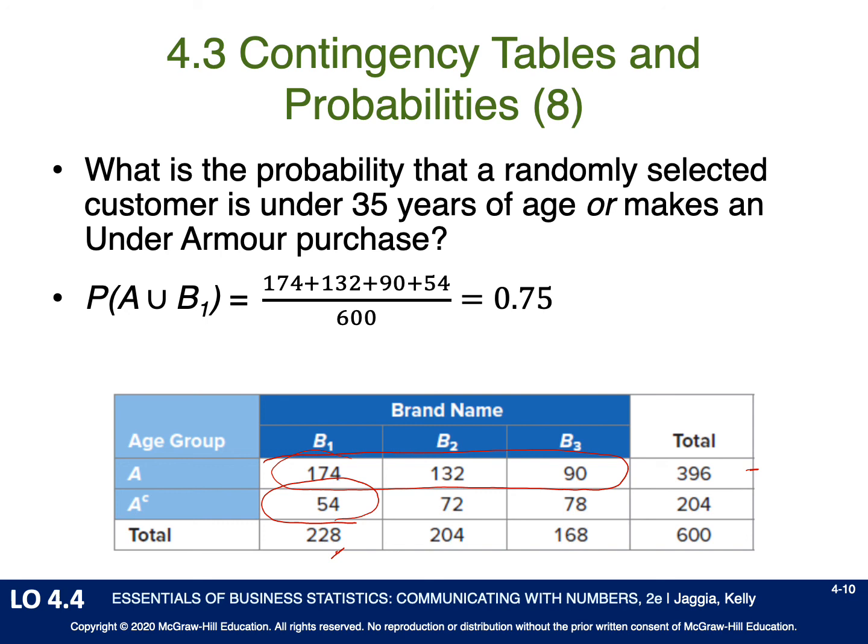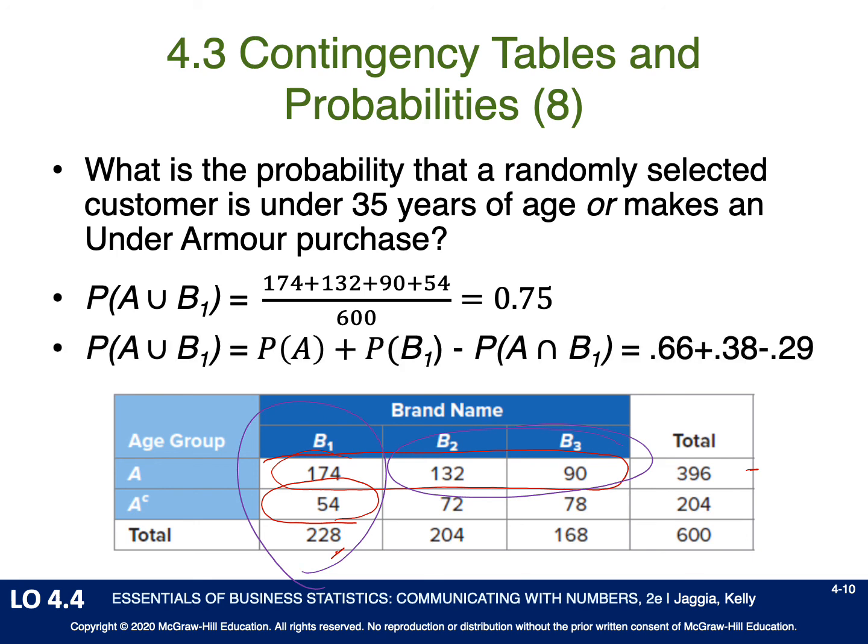So you can take all of A plus the part of B that wasn't already included, or the other way you could do it is take all of B plus that of A that wasn't included in B. But either way, we're going to divide it by 600, which is our total there, and we get 75%. So 75% of the consumers were under 35 or purchased an Under Armour garment.